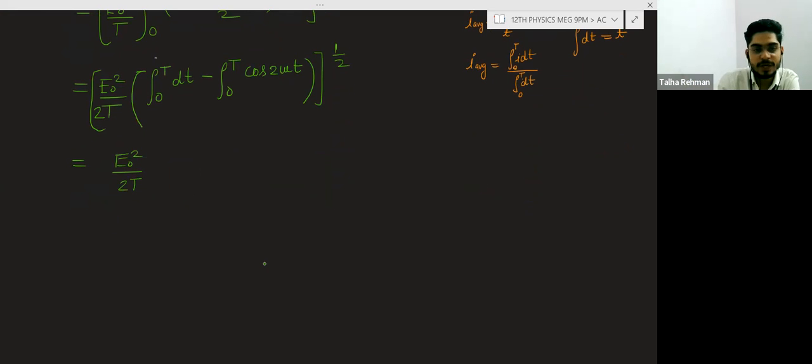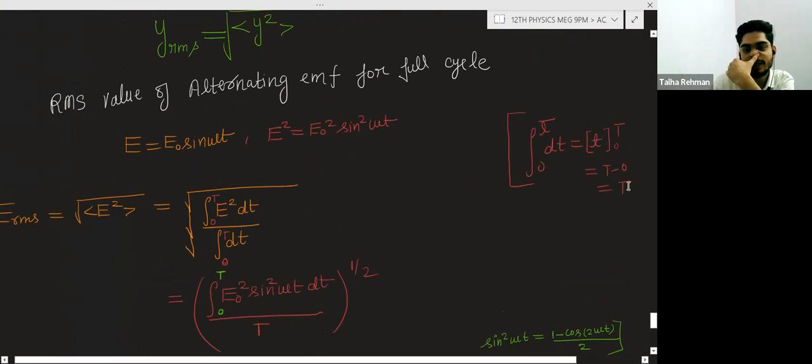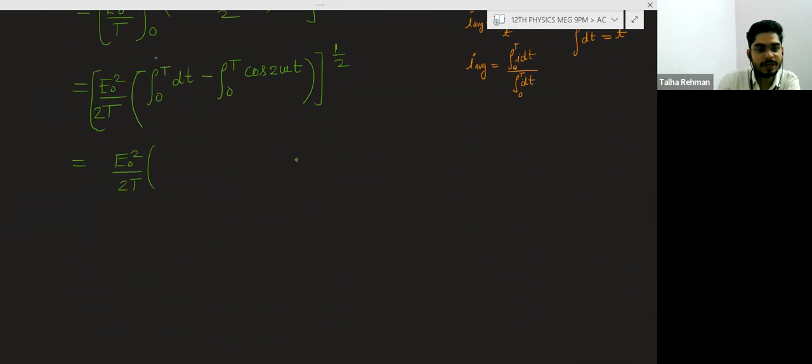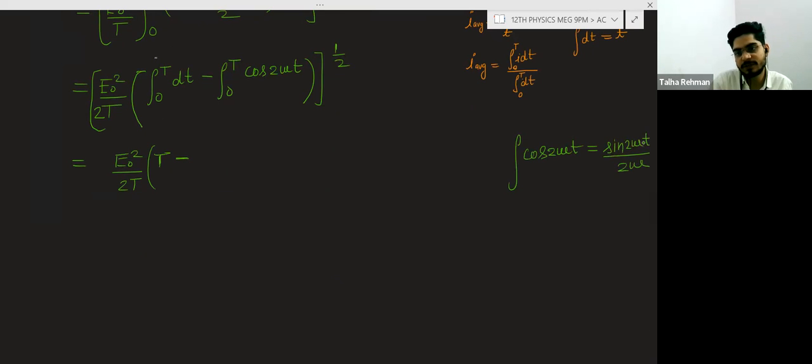Now see this part, 0 to T dt that I have written here is T, capital T. Here you will get capital T, and what we will get here: integration of cos 2 omega t will be sin 2 omega t, and this 2 omega will be in the denominator.